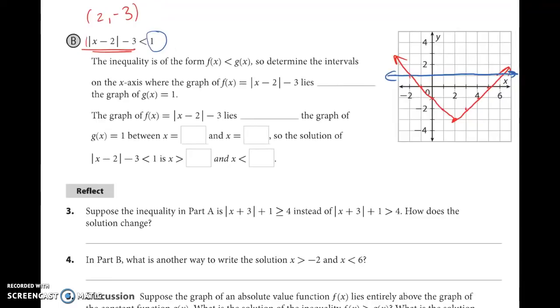So the question here is, where is this red function less than 1? Well, if this blue line is 1, less than 1 would be below. So we're just looking here. Okay, we don't want above that.